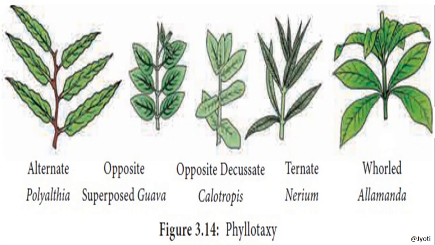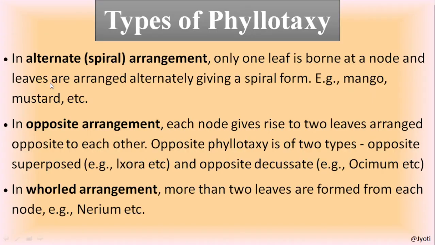So here you can see in this case from each node one leaf is developed. If from this node the leaf has developed on the right side, then in the next node it will develop on the left side. Right, left, right, left, right, left. Like this it is forming a spiral. You can see it is forming a spiral. Okay. So it is called alternate or spiral phyllotaxy.